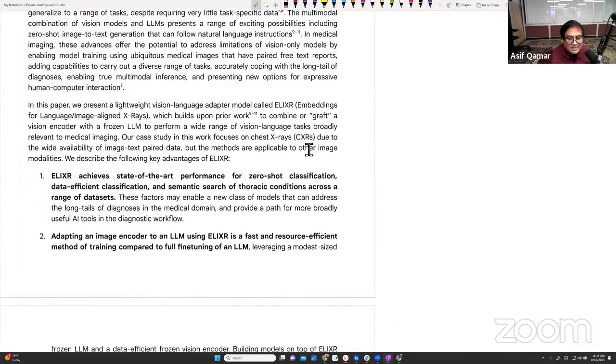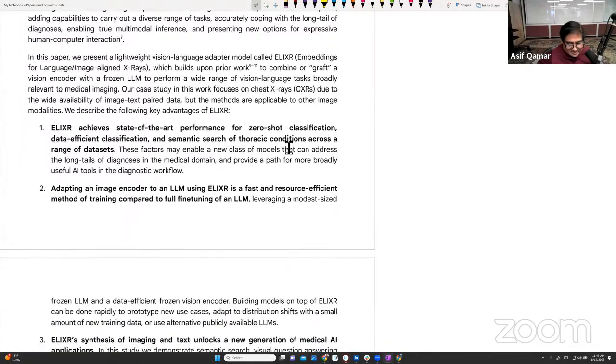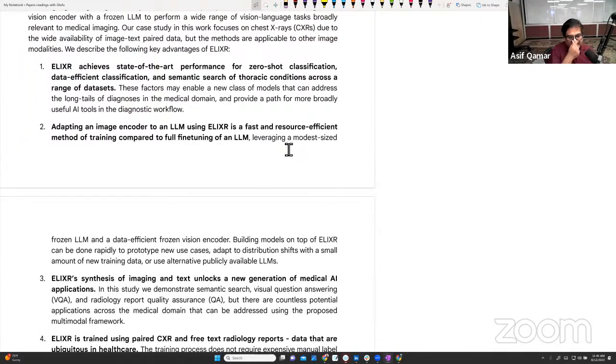So what they are proposing, at some point they say so explicitly, is that they're using BLIP and adapting it. I'll just read out the key points. We described the key advantages of Elixir, and now we are going into the technical aspects of it. Elixir achieves state-of-the-art performance for zero-shot classification, right? Which is interesting. It does some classification without further notes, data efficient classification.